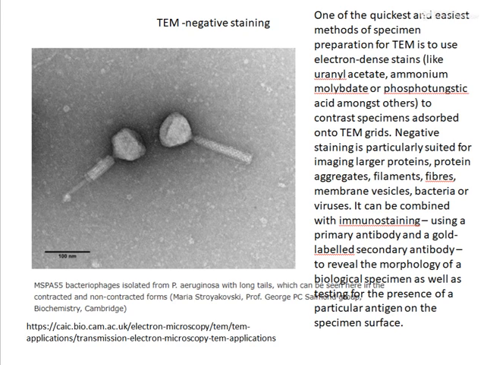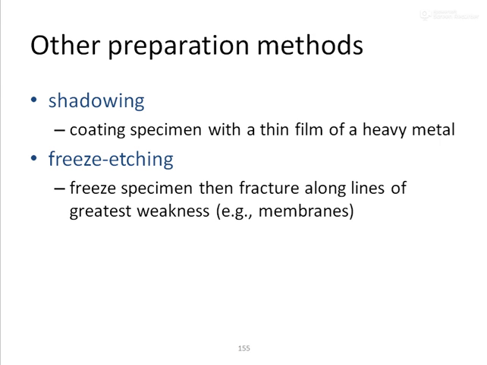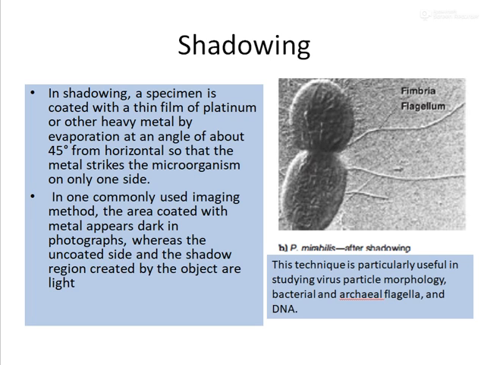In addition to the negative staining technique, we now have other techniques called shadowing as well as the freeze etching technique, which are also used for the TEM. Now let's see what these are. What is shadowing? In shadowing, the specimen is coated with a thin film of platinum or heavy metal by evaporation at an angle of about 45 degrees from horizontal, so that the metal strikes the microorganism only on one particular side.